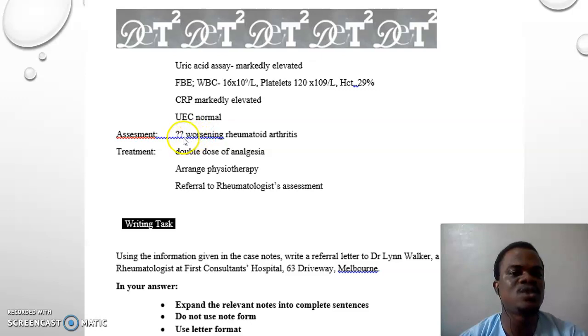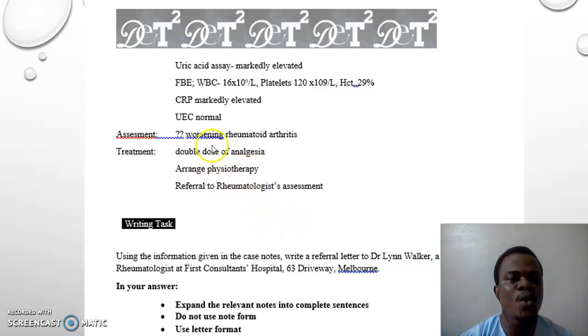From the assessment, you are querying worsening rheumatoid arthritis. So that's what the patient is being managed for. And from your treatment, you are referring this patient to a rheumatologist for assessment. So you see, from this basic information now, you'll be able to know the type of letter you are to write.